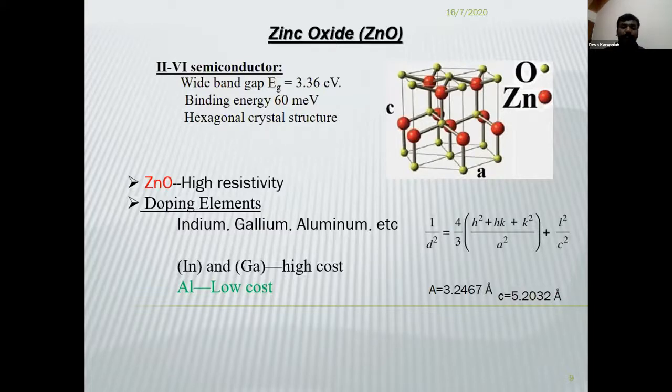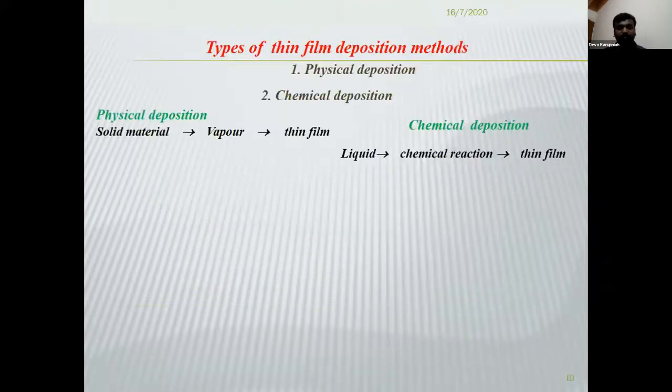These group 3 elements include indium, gallium, aluminum, and boron. Here, indium and gallium are expensive materials. So the only option is aluminum, which is very low cost and gives good electrical performance in zinc oxide material.